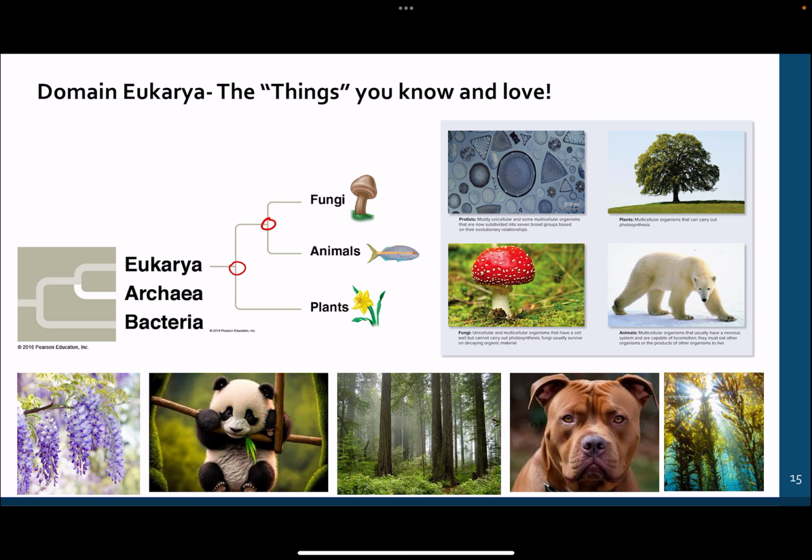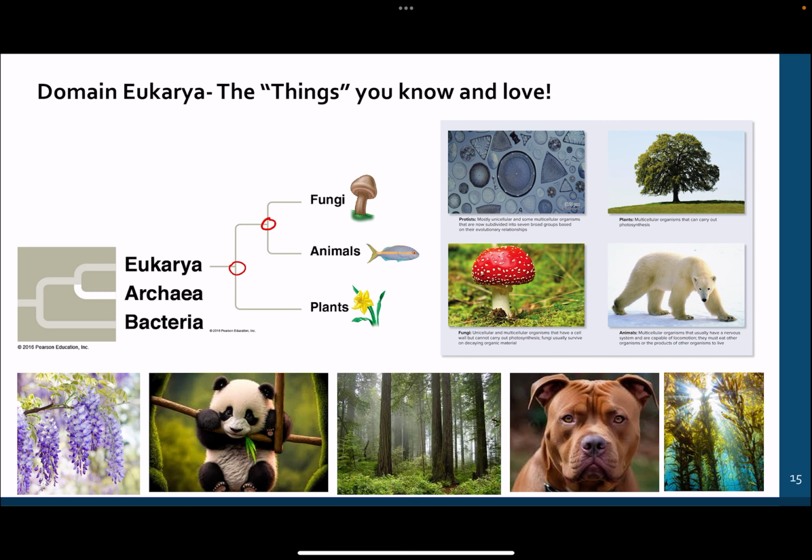Fungi consume their energy in a slightly different manner. Fungi are similar to plants in that they have a cell wall, which is an external cellular structure that provides support, but they do not carry out photosynthesis.